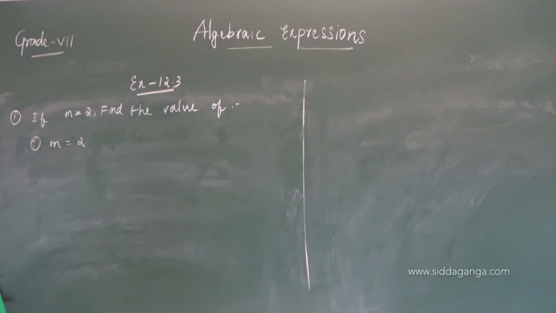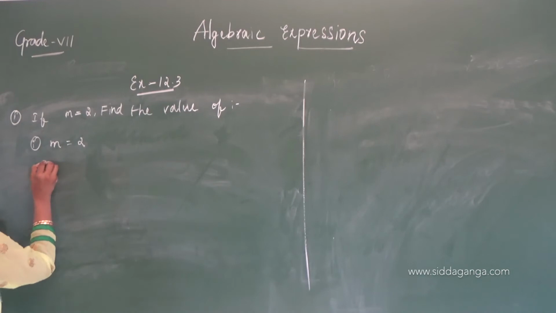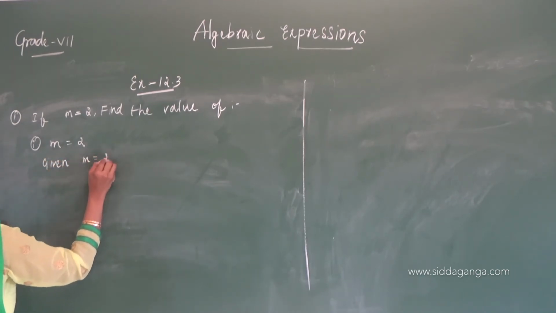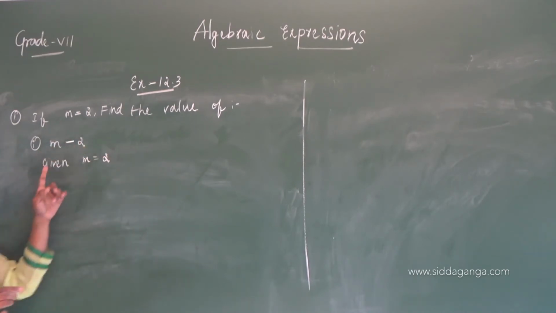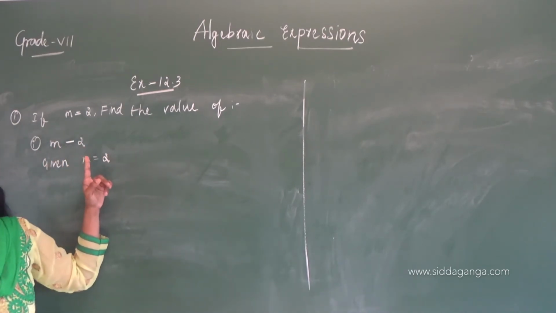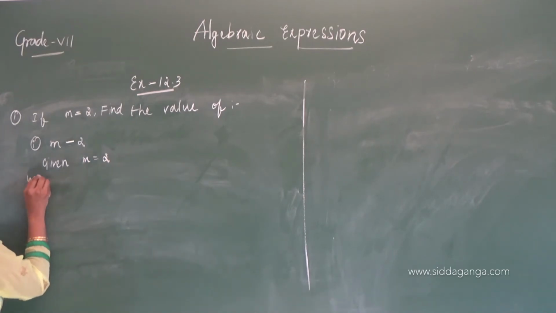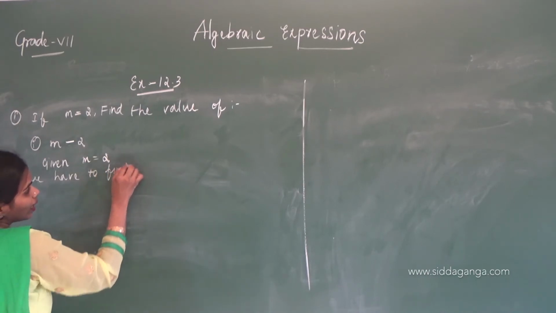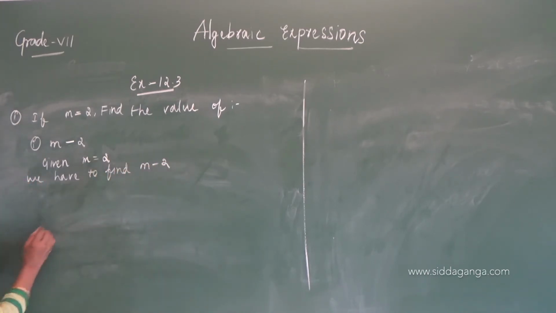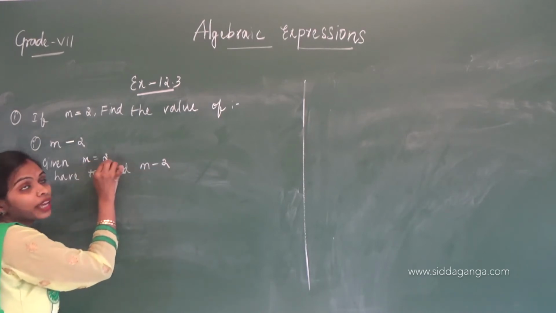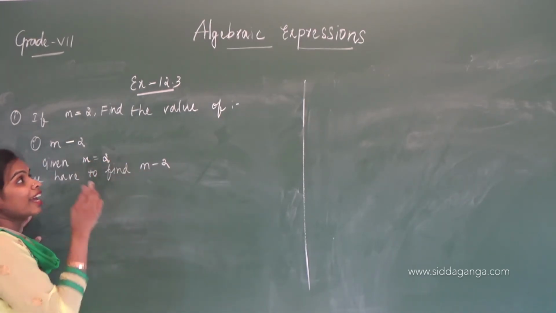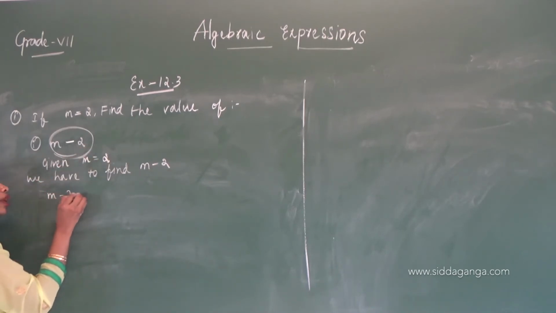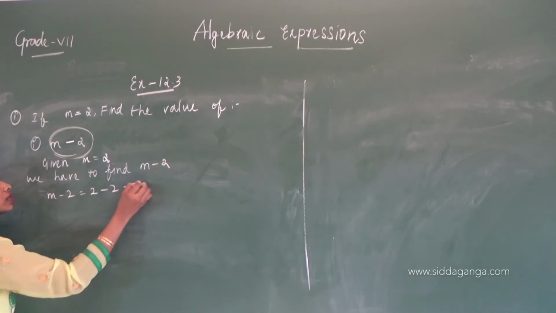In that situation, what do you have to do? Given m equals 2, we have to find m minus 2. In place of m, if you put the 2 here, then we will get the value of the expression. m minus 2 equals 2 minus 2 equals 0.